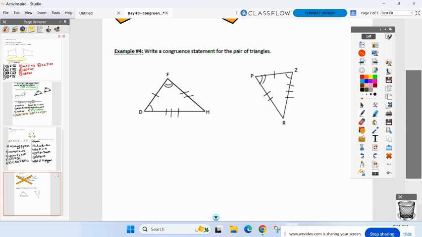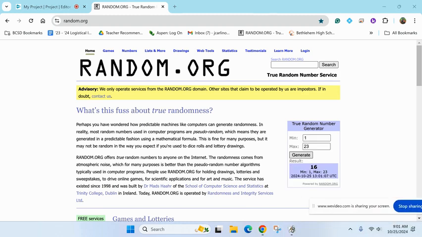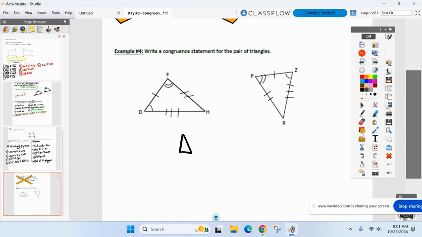All right, name the first triangle any way you want so we can match it up. Alex, triangle. We just name it by its vertices. DHF. So if I go DHF, the second triangle has to be written in a certain order. You can't name the second triangle any way you want. So go ahead, take a minute and match them up.